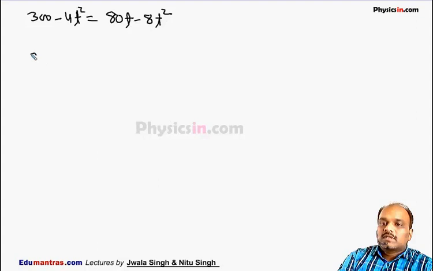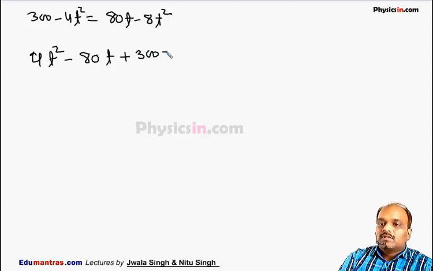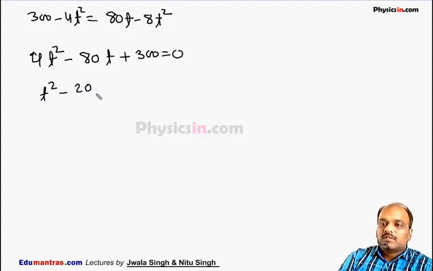So from here we can say, bringing 8t squared to this side, 4t squared minus 80t plus 300 is equal to 0. If we cancel it, it becomes 4t squared minus 20t plus 75, that is equal to 0.